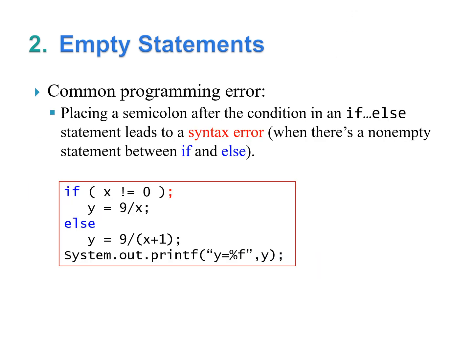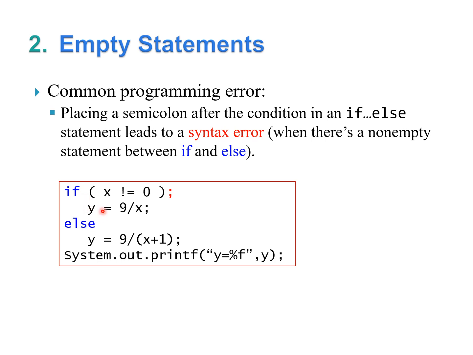Placing a semicolon after the condition in an if-else statement leads to a syntax error when there's a non-empty statement between if and else. For example, suppose we add the else part to match the if in the previous program.